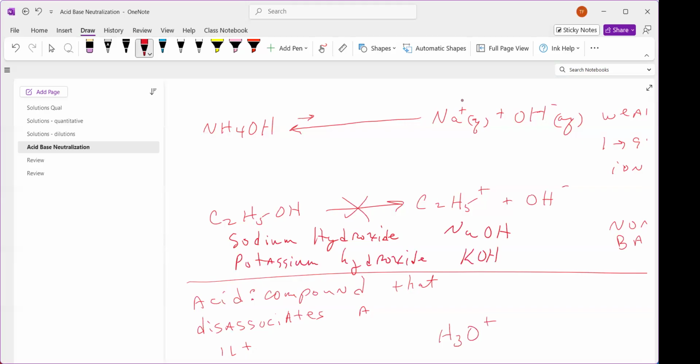And the common name for sodium hydroxide is lye. All of you have probably heard of lye. That's NaOH. Now, lye has an interesting property around fats.